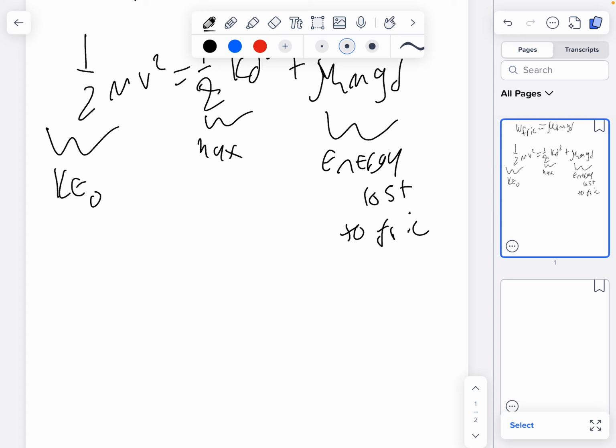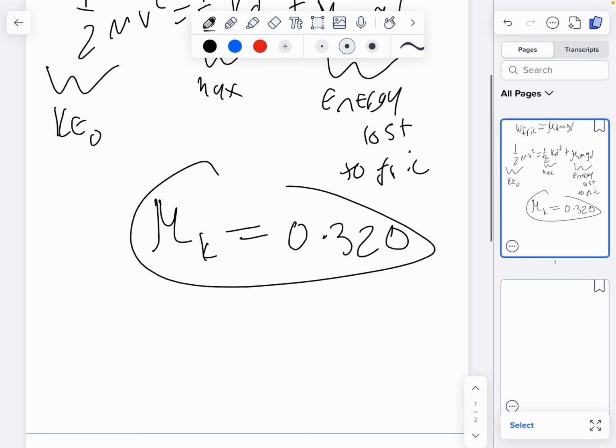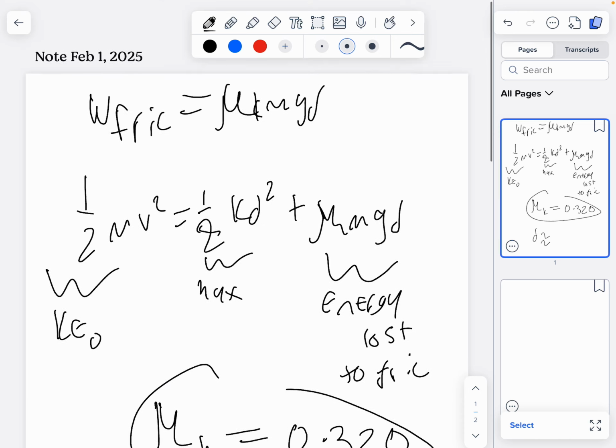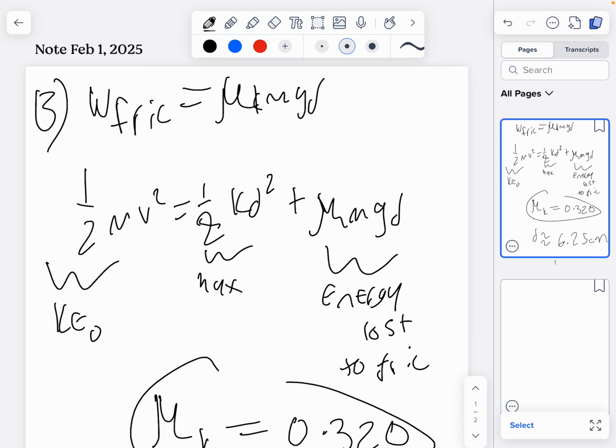Plug in all the same numbers that we had earlier. And now we know that mu k equals 0.320 because that's the coefficient. When you plug that in, it should come out to 6.25 centimeters. That's your answer for part B.